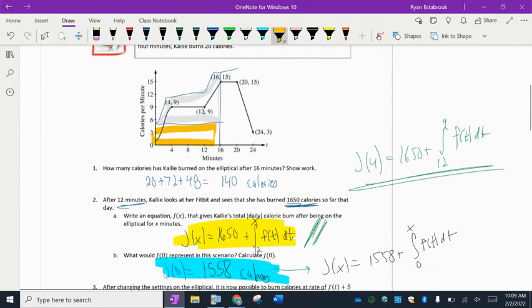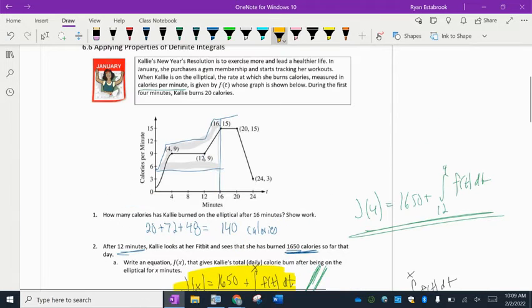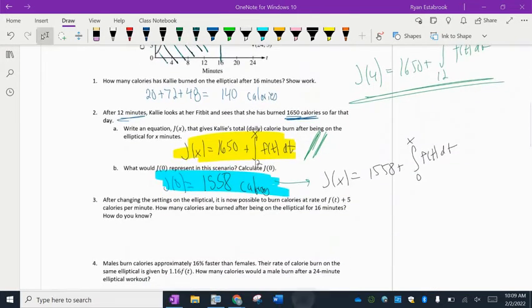How many calories did she initially burn, what I had as the original gray area? Well, that's what we were asked in question 1, right? When we actually found this area, we said that was 140 calories, all those individual pieces, and we have to add 80 more onto that. 140 plus 80 is going to give us 220 calories. So that's one way to look at this one from a graphing perspective.